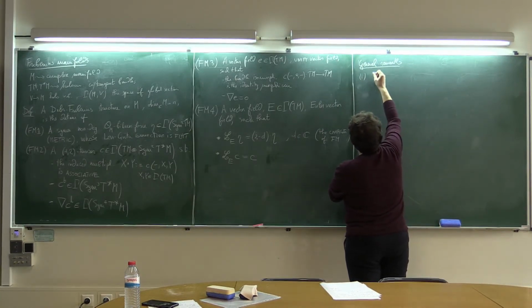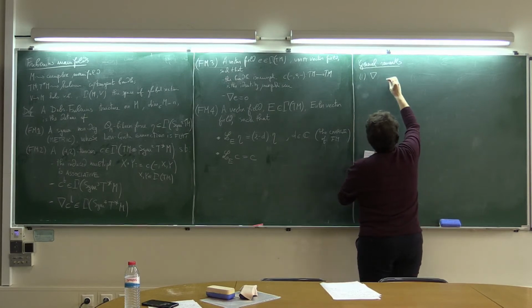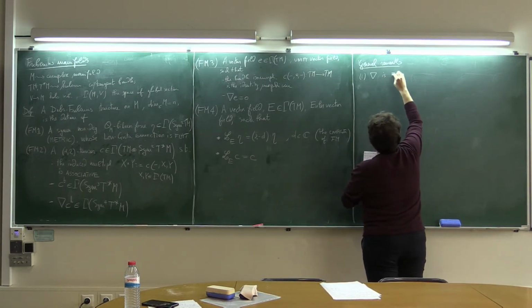First remark: nabla, the Levi-Civita connection, is assumed to be flat.